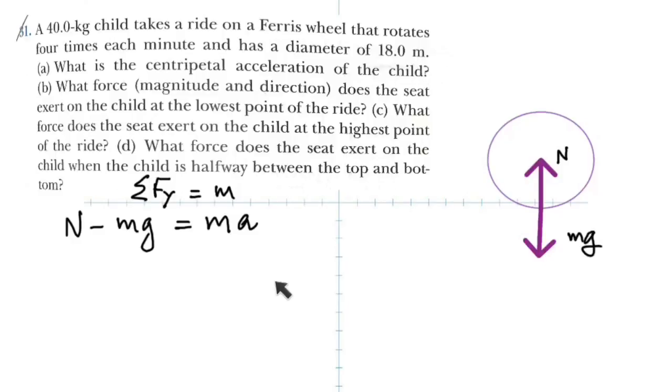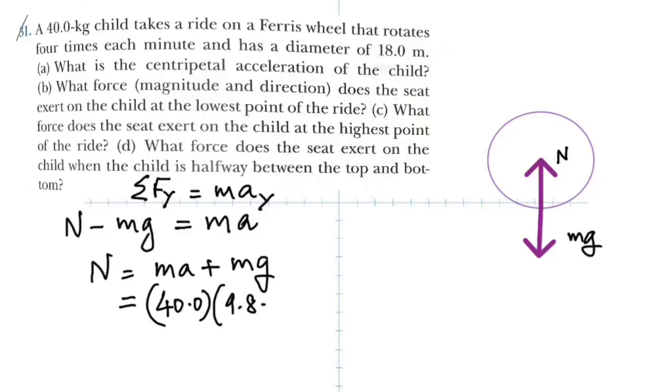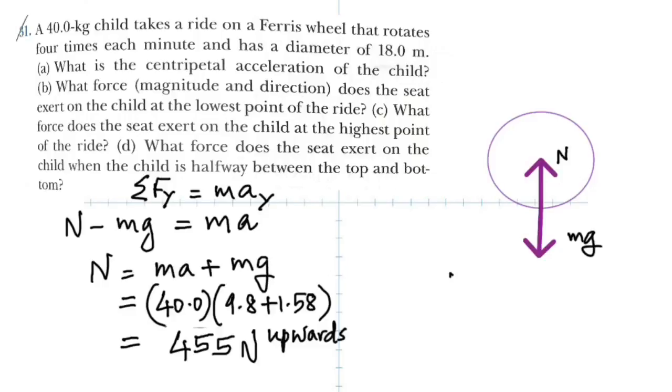And ma is positive here because it's towards the center of the circle, which gives N is the sum of ma and mg, taken out mass, and then gives 9.8 plus 1.58, and you get the normal force, which is the force exerted by the seat on the child. You get it as 455 newtons upwards. So that is the answer to that.